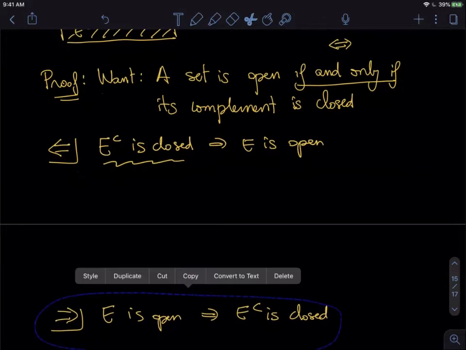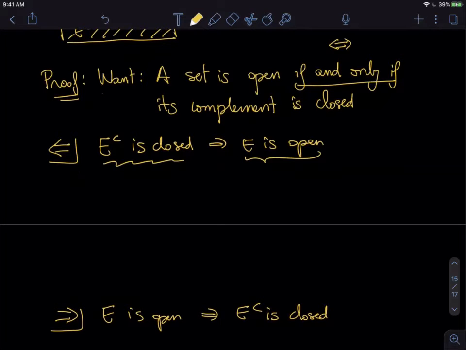So to show that E is open, I need to show that for every X in E, there exists a neighborhood of X that is completely contained in E. Okay, so that is what I need to show.